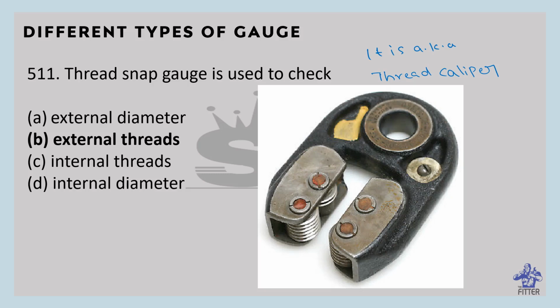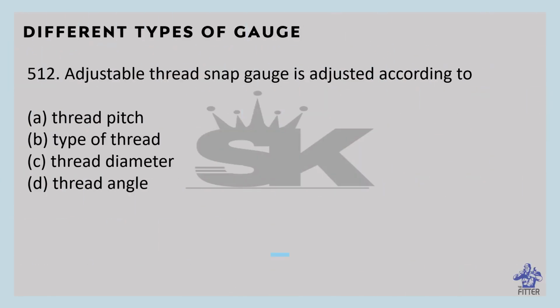Thread snap gauges are available in either a knife edge style or a roller style. The front set of gauge members are a complete go gauge. An adjustable thread snap gauge is adjusted according to the threaded diameter.